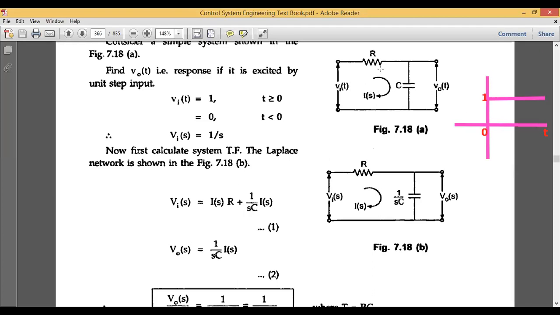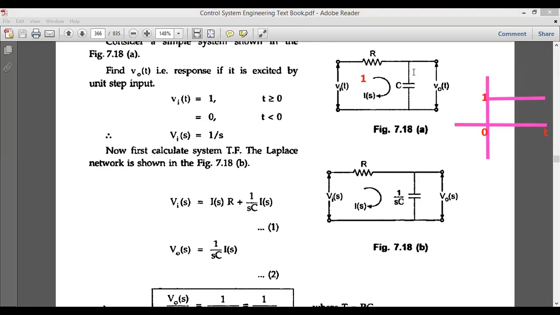There is one resistance here, so Vi of s is equal to I of s into R, plus the capacitor C, which is written as 1 divided by sC in the Laplace domain. So Vi of s equals R times I of s plus 1 divided by sC times I of s. This is the input loop, or simply loop number 1.